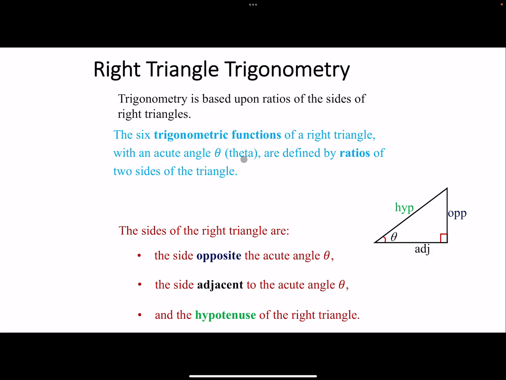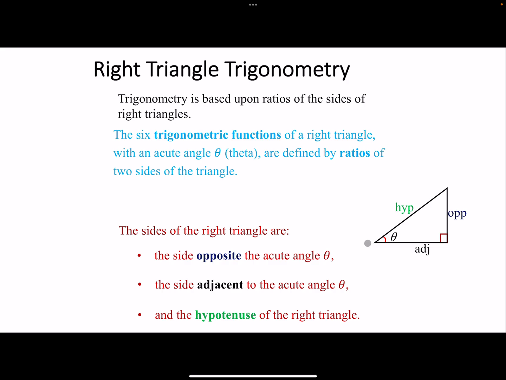So these 6 trig functions are defined by ratios of two sides of a triangle. The sides of the right triangle that we're going to be focusing on in terms of the angle theta are the hypotenuse, an adjacent side, which is one of the sides that helps create the angle theta besides the hypotenuse, and the opposite side, which is the side directly across.